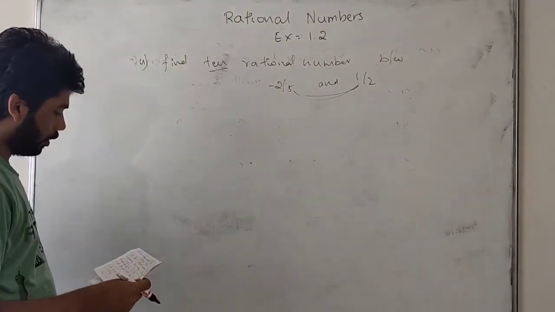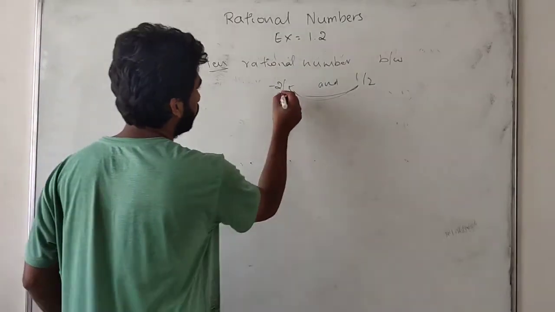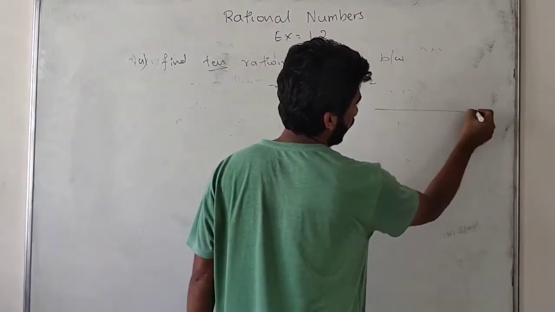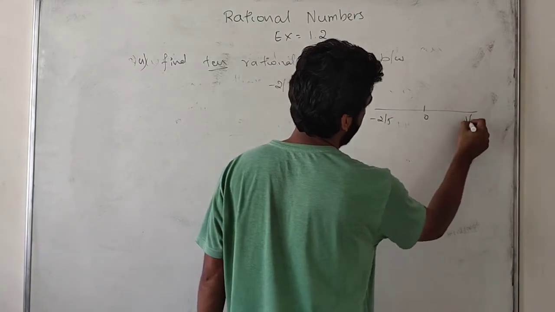So what will we take? We can take numbers in between. The minus sign is there, so there is one line, 0 is there, with minus 2 by 5 and 1 by 2. We have to write the numbers in between.